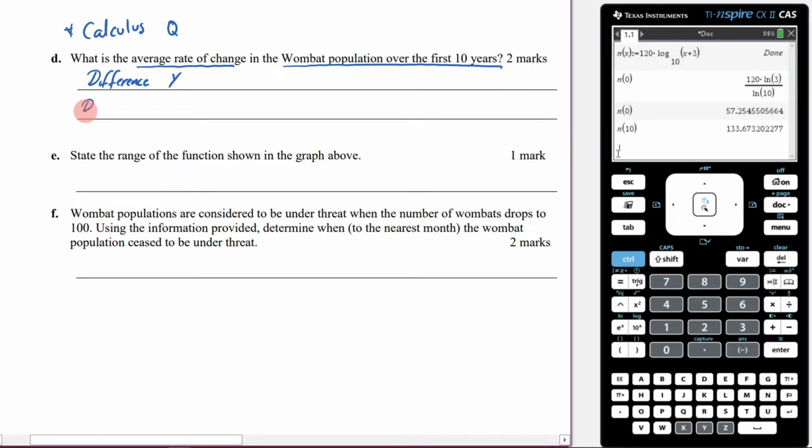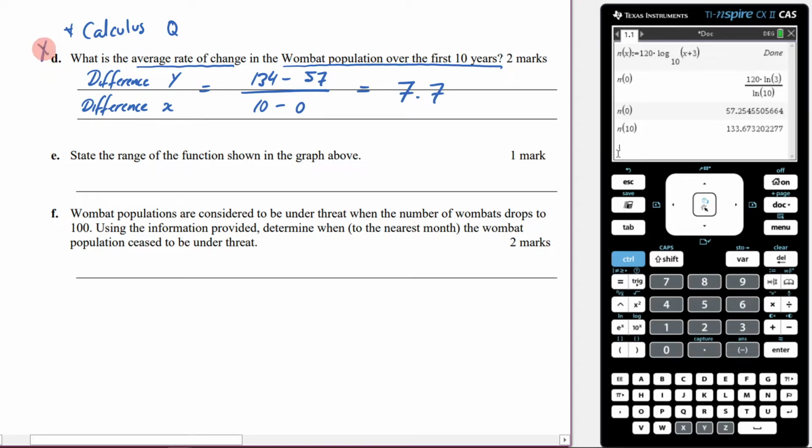If it's over 10 years, that means I've got a difference of 10 on the bottom because it will be 10 minus 0. And then the difference in the y will simply be my biggest y value minus my smallest y value. And then when we chuck that into the CAS, we're going to end up with 7.7.